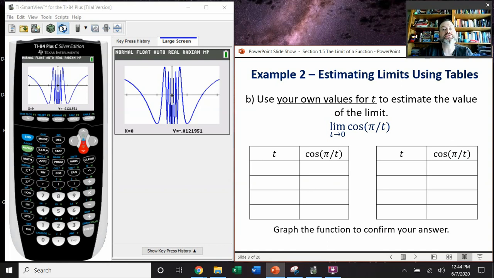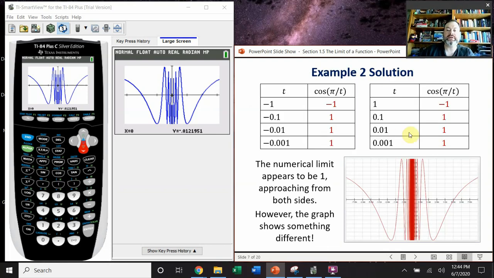This is example 2b. I want you guys to come up with your own numbers. Now, we've already graphed it, right? We graphed it in the previous problem. But see if you can come up with a pattern in the t's or some lack of pattern. Remember, there doesn't have to be a pattern. When we picked a pattern here, it artificially created a pattern here.